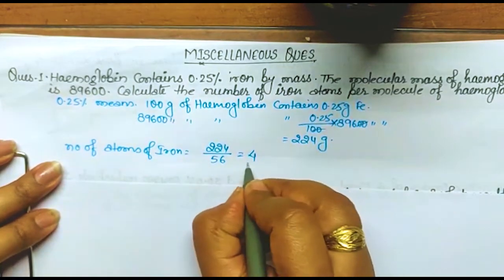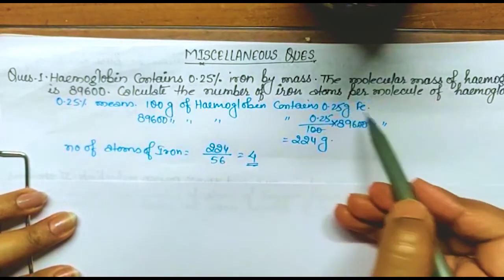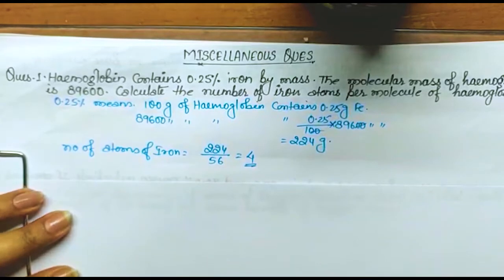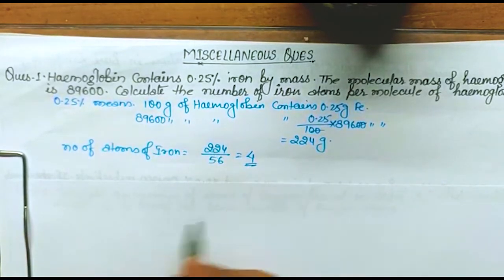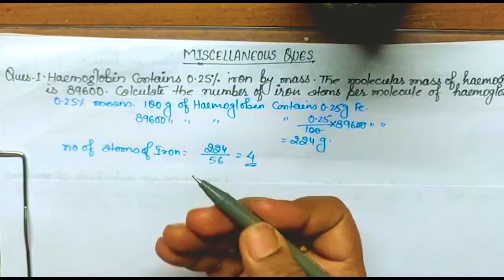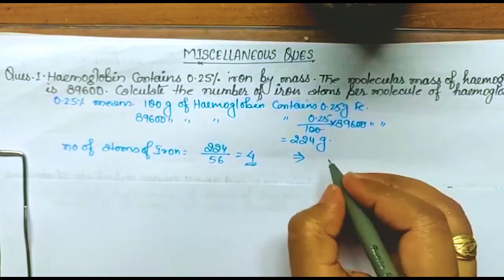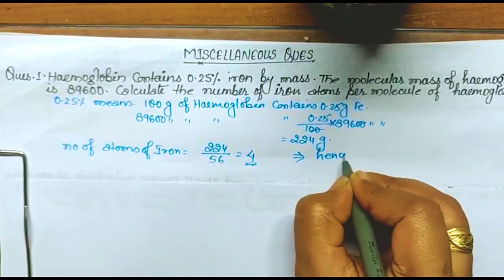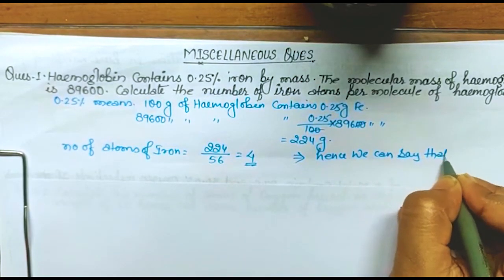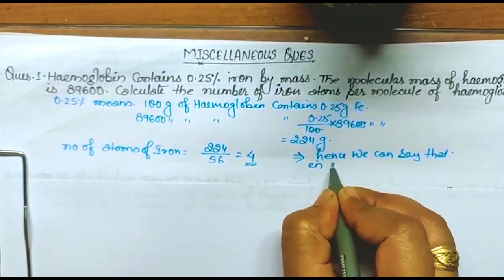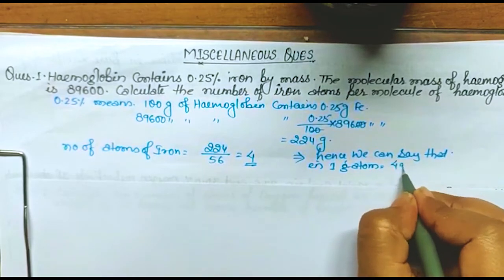Any doubt in this? So this is the number of atoms present per molecule of hemoglobin. This is because 56 is one molecule's worth. So whatever the weight of any substance is, we can work out how much it contains. And if you want to write it in another way, we can say that in 1 gram atom of hemoglobin there are 4 gram atoms of Fe.